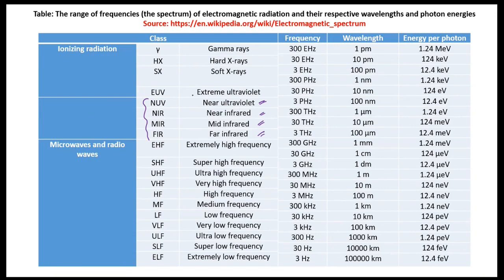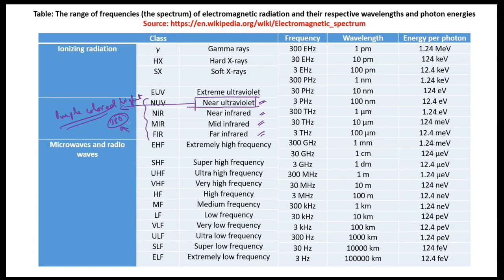However, in the near ultraviolet region, any ultraviolet radiations appear as purple colored light, in the region of around 380 nanometers. There are some UV lights which give light in the range of 380 nanometers or so.